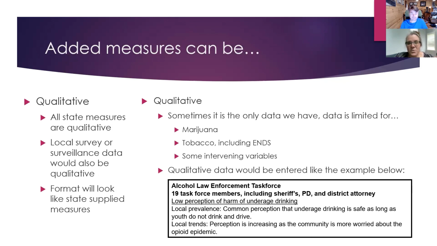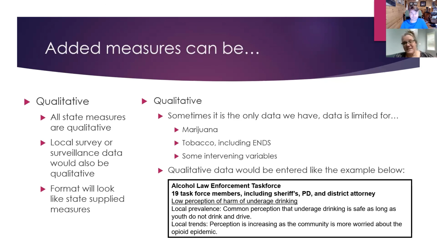Yeah, so one of the things we wanted to ensure, since we don't know what data people are going to have that they might want to add, but we know some communities have additional data points, we wanted the template to be able to be flexible so you could add the kind of data that you want to add. So you could add qualitative data just like you would add the state supplied measures. That's going to be your survey data, any surveillance data you have.